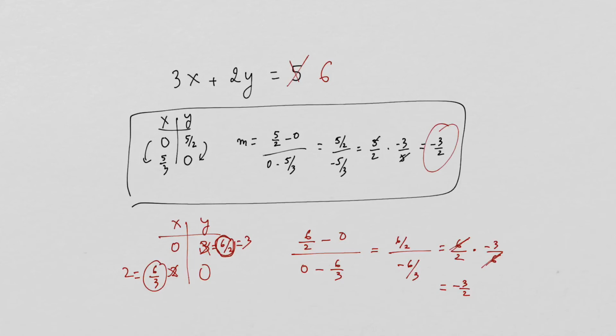What does that mean? It means the following. If somebody, give me a second. We had 3x plus 2y equals 5.